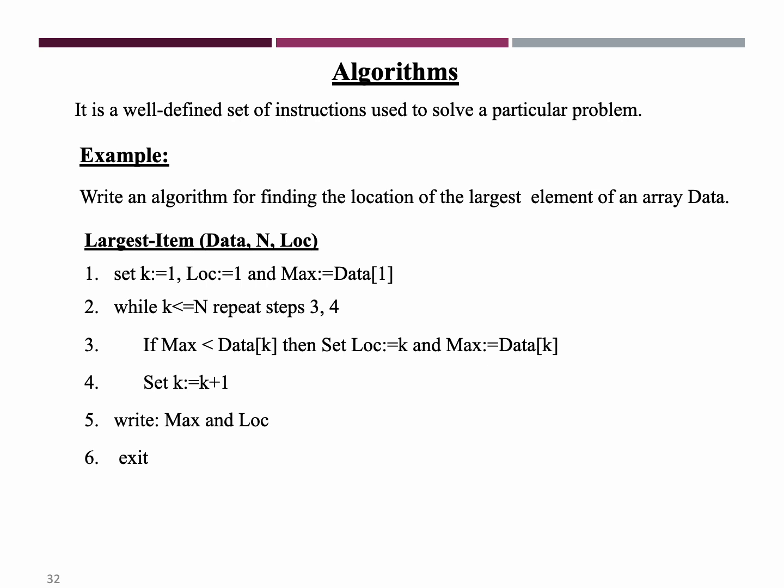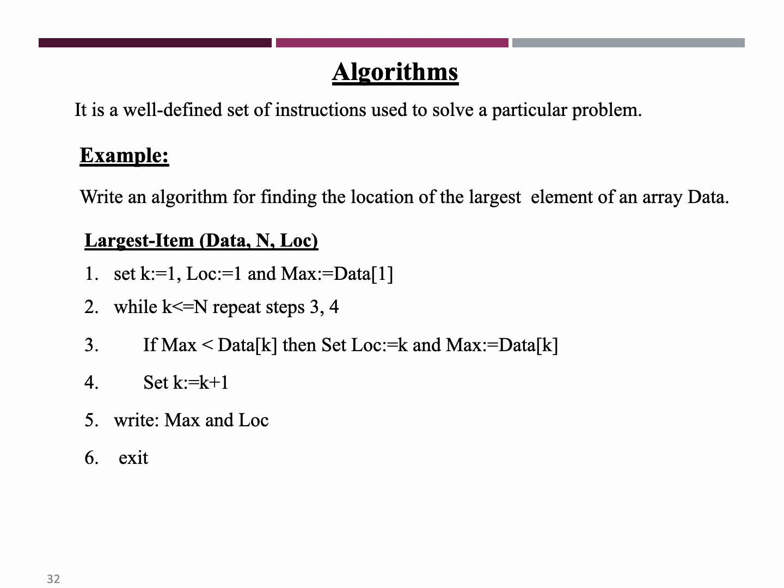This variable will iterate over the elements of the array. Then loc equal to 1, where loc means location. This keeps track of the current location of the largest element found so far. Then max equal to data[1]. Assume the first element is the largest initially.